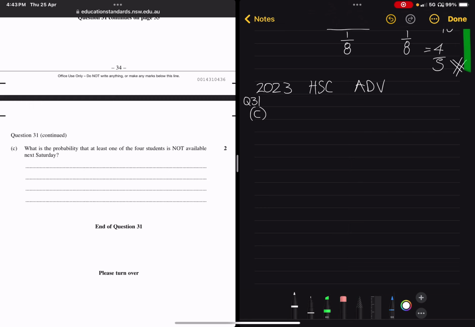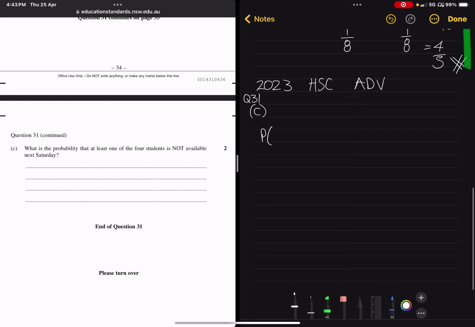So to find this probability, what is the probability at least 1 is not available? We'll do the probability of at least one not available is going to be equal to 1 minus the probability that they are all available. So this is going to be 4 on 5 to the power of 4, because the probability that each one is available on Saturday is 4 on 5.